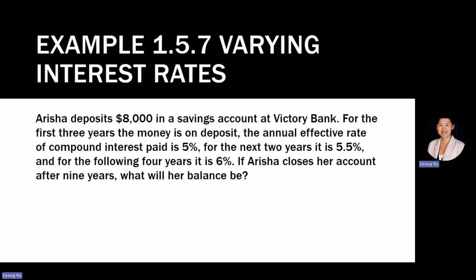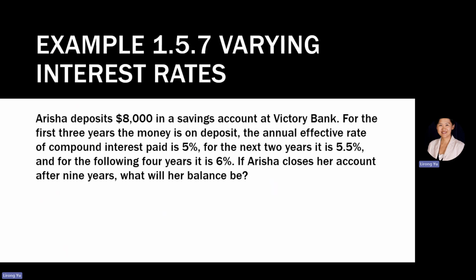So this is recommending for people to save their money for a longer time. The previous example is motivating people to save more money. So if you're trying to get people to save more money, you offer a higher interest rate when the balance is high. Now, in this one, we offer a higher interest rate when the money is being saved for a longer time.